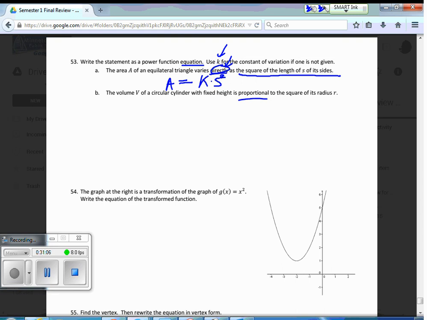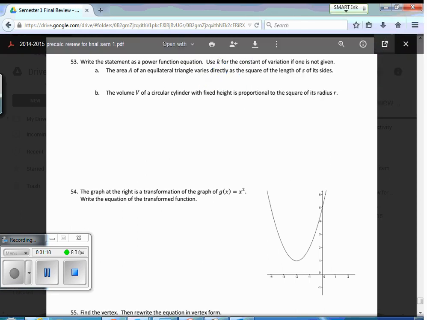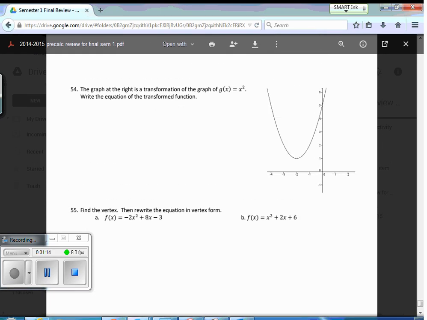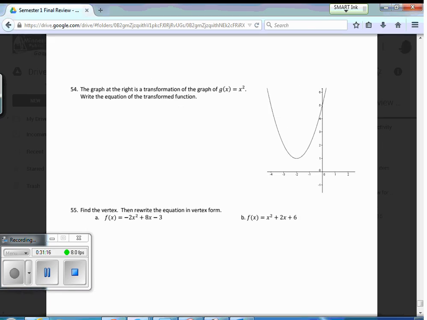Okay. And we're getting close to the very end. Number 54 or 55. Okay, 54: the graph is a transformation of x squared. Write the equation of the transformed function. So basically it's saying it used to be x squared, now it's not. Now what is it?